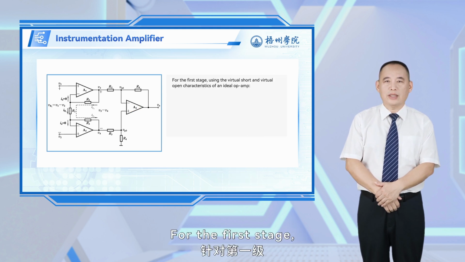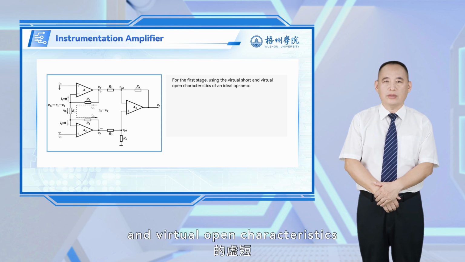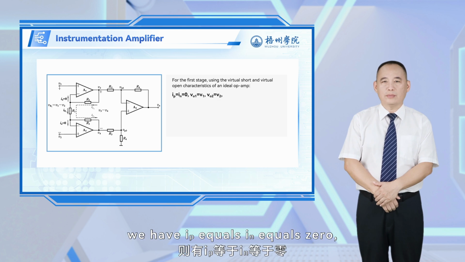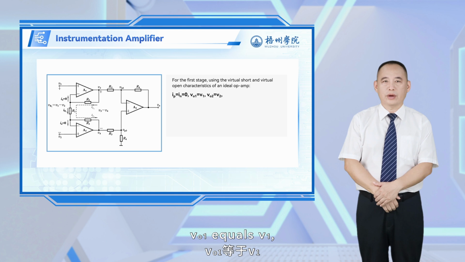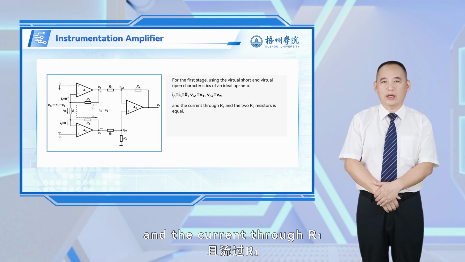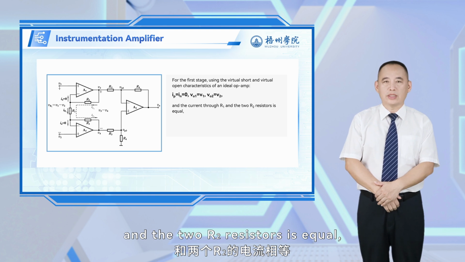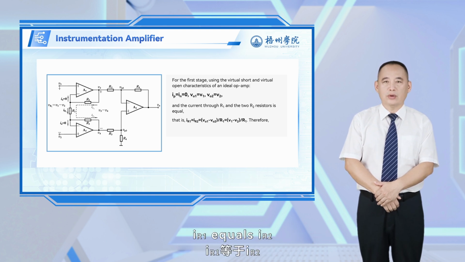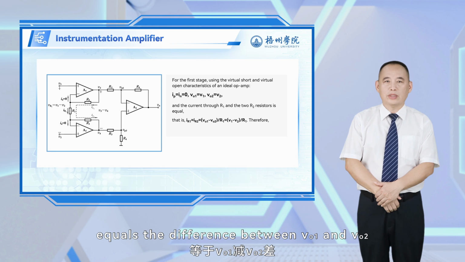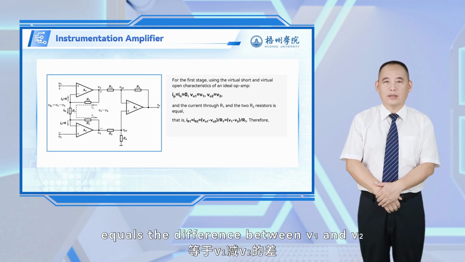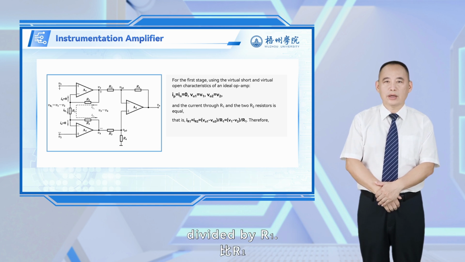For the first stage, using the virtual short and virtual open characteristics of an ideal op-amp, we have IP equals IN equals 0, VO1 equals V1, VO2 equals V2, and the current through R1 and the two R2 resistors is equal, that is, IR1 equals IR2 equals the difference between VO1 and VO2 divided by R1 equals the difference between V1 and V2 divided by R1.